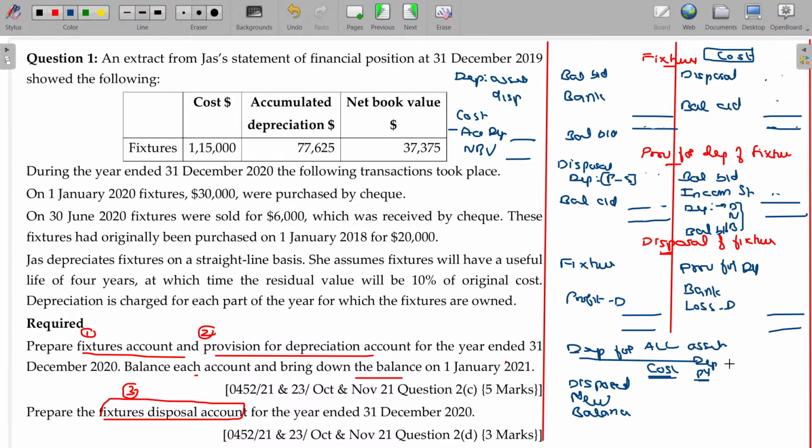After subtracting, this is the net book value in the beginning, the opening value. Now you can calculate the depreciation for the current year. This is accumulated depreciation. Is that okay? This is the format.